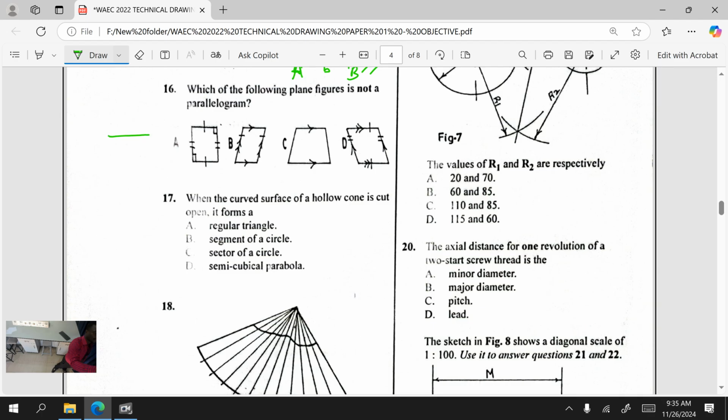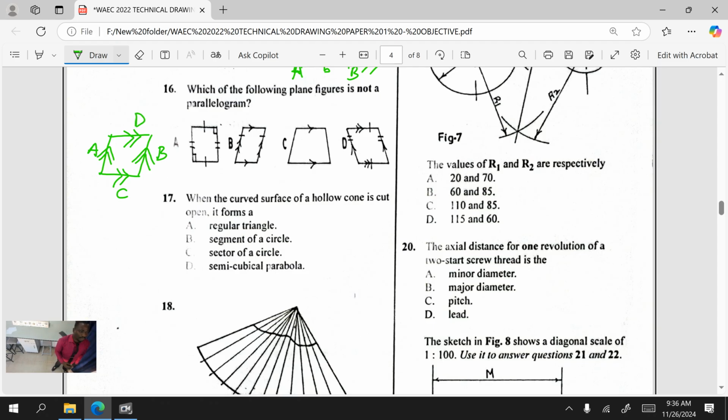A parallelogram must have equal opposite sides, and parallel sides. Do we understand that? The opposite sides should be equal and parallel. That means this side I labeled A should be parallel to this side I labeled B, and they should also be equal. Then side C should be equal to side D, and they should also be parallel to each other.